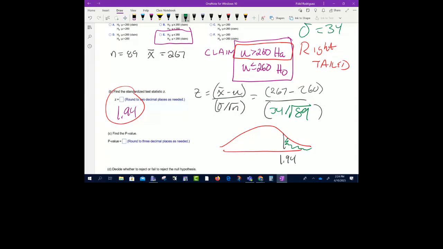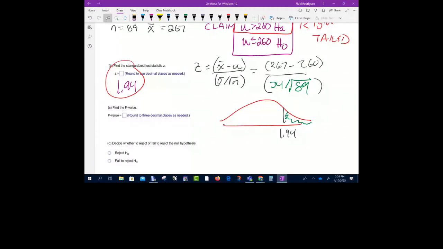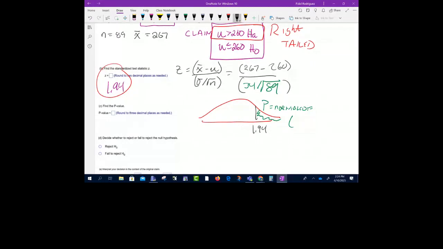So if I'm trying to find this area in the green, do you guys agree normal CDF? 1.94? Where are we going to stop if we keep going all the way to the right? What do you got? 5,000, right?